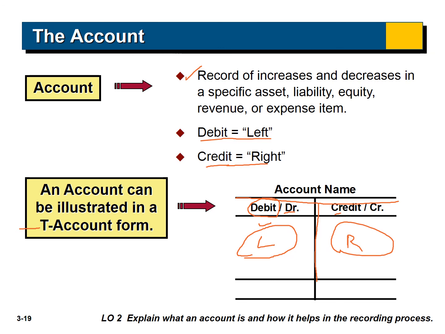And then the credit side is the right side, CR. It doesn't mean increase, decrease, etc. It just means left and right. So you could simply say left and right, but in accounting we say debit and credit. It's very important that you get this down, that the definition of a debit just means the left side of the account. The definition of a credit just means the right side of the account. So really make sure you remember that.